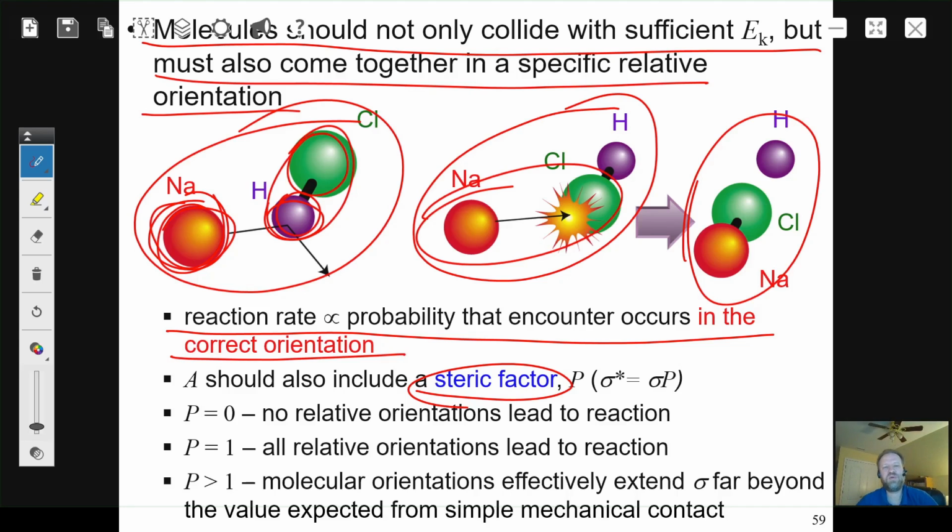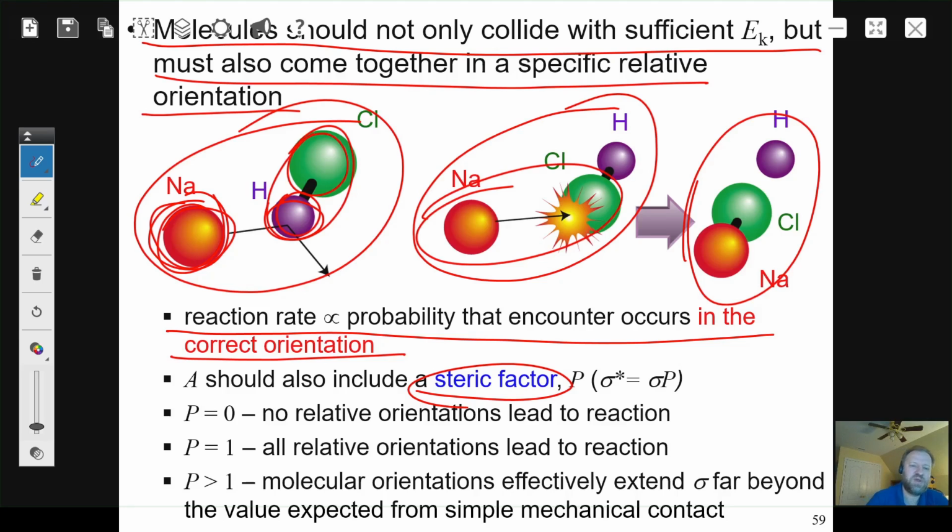So again, not only do the molecules need to have enough kinetic energy, or collide with sufficient energy along the line of approach, but one also has to introduce the idea of orientation, because again, most molecules are not spherical, of course.